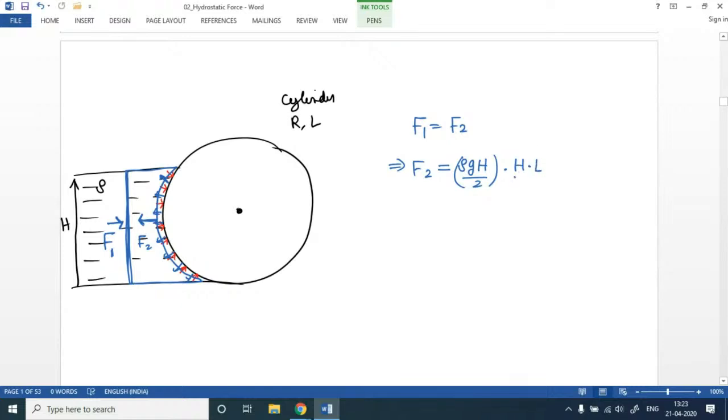Okay, so this is the force. And if you also want to consider atmosphere, this is going to be equal to, say, P naught into area, and the area obviously is equal to H into L. So that is the force exerted by the liquid on the cylinder. Equal and opposite, according to Newton's third law of motion, the force will be exerted by the cylinder on the liquid in the opposite direction. And remember, this force we have calculated in the horizontal direction.